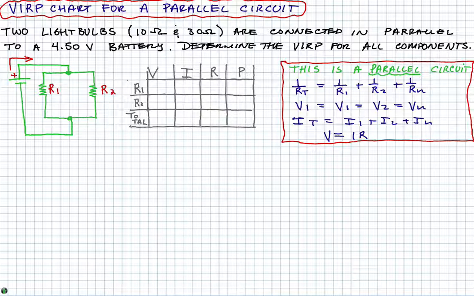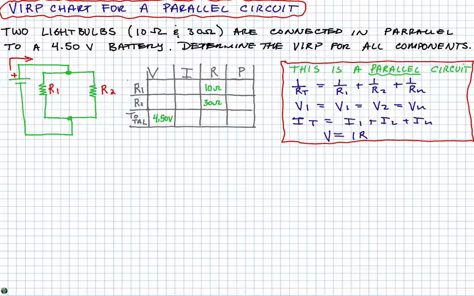So what I'm going to do first is put into the VIRP chart what I know already, what I'm given. I'm told that the resistances of the two resistors are 10 ohms and 30 ohms, and I know that the total voltage is given as 4.50 volts.